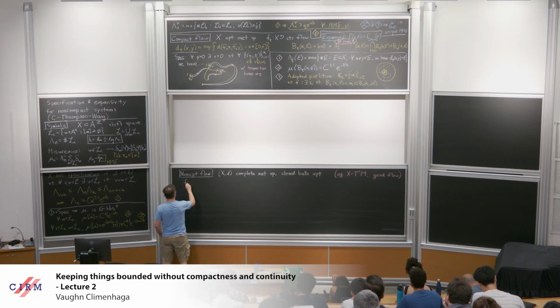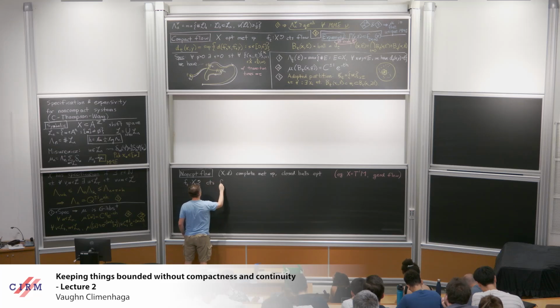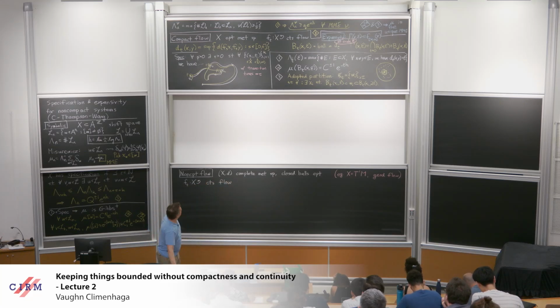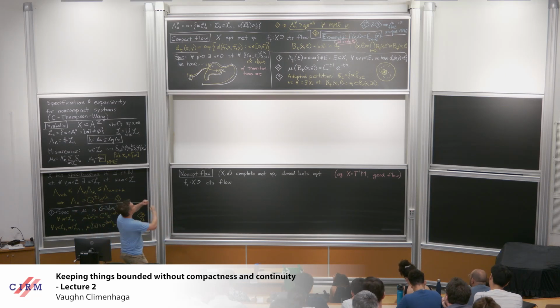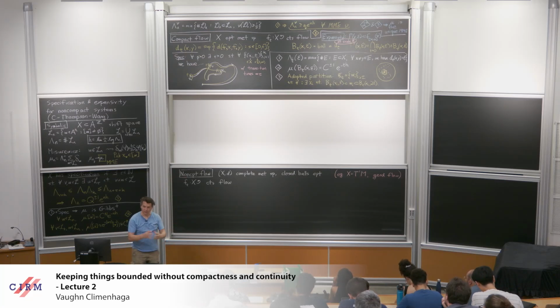Ft will once again be a continuous flow. And well, what's the idea? The idea would be to take all the definitions we just made in the non-symbolic setting, use those definitions, and produce a theorem. The problem is that things break immediately.